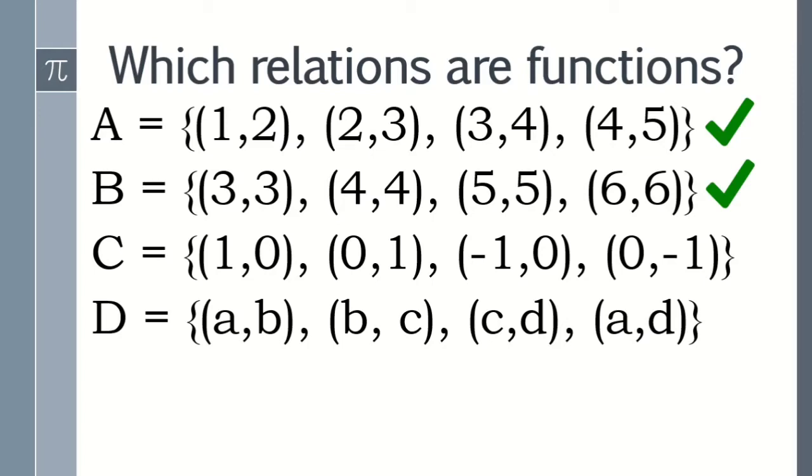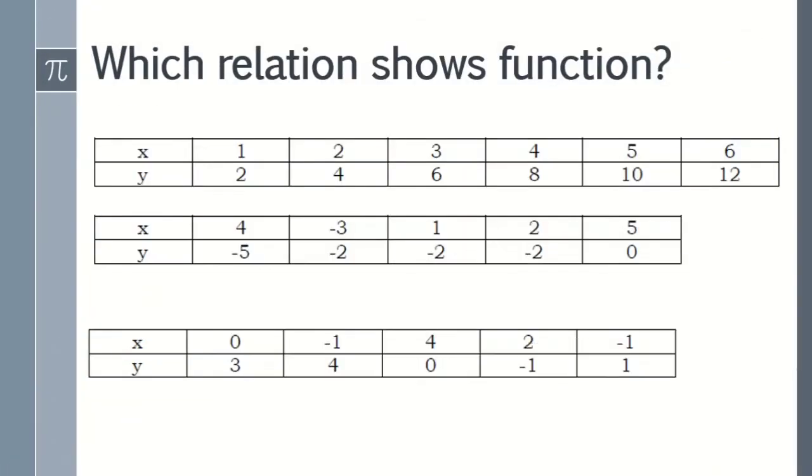Relations C and D are not functions because they contain ordered pairs with the same domain, and that is 0, 1, and 0, and negative 1. Then A and B are the functions.